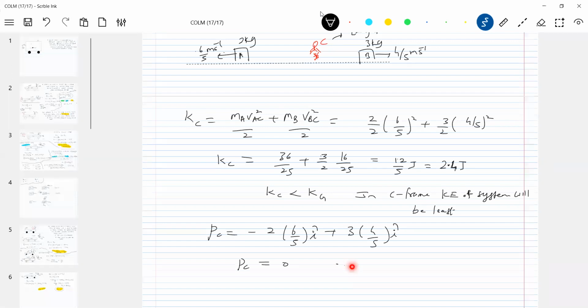Momentum with respect to the C frame. Momentum of this particle system, momentum of particles with respect to the C frame is 0.